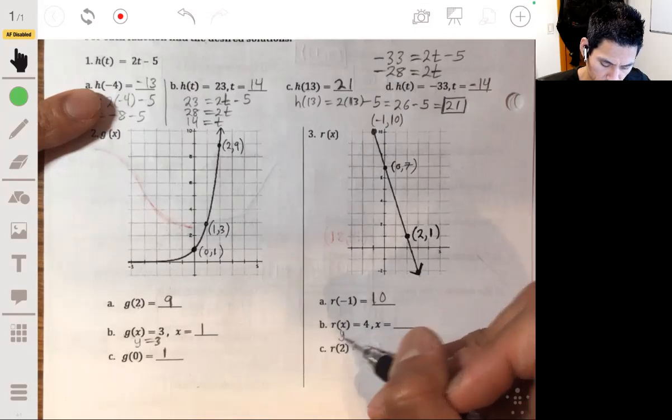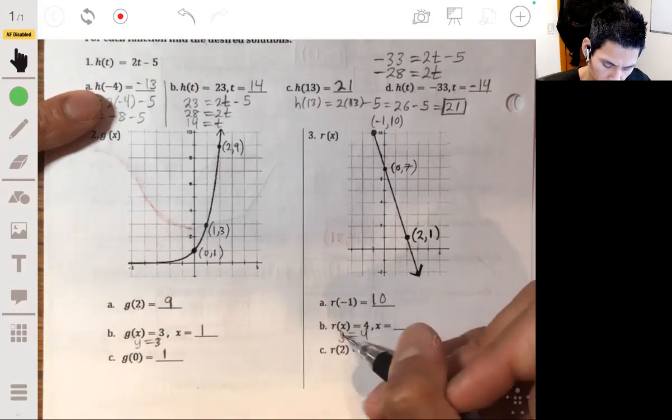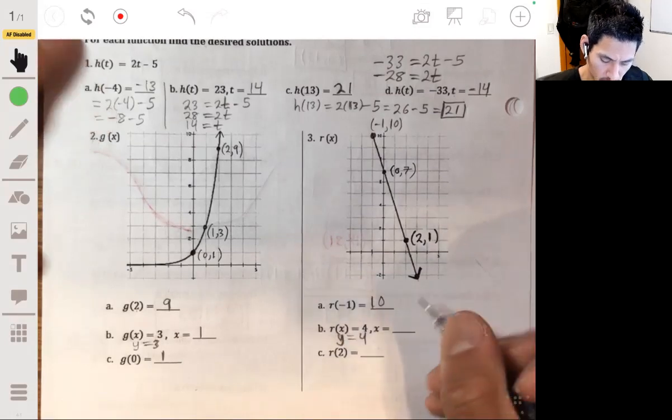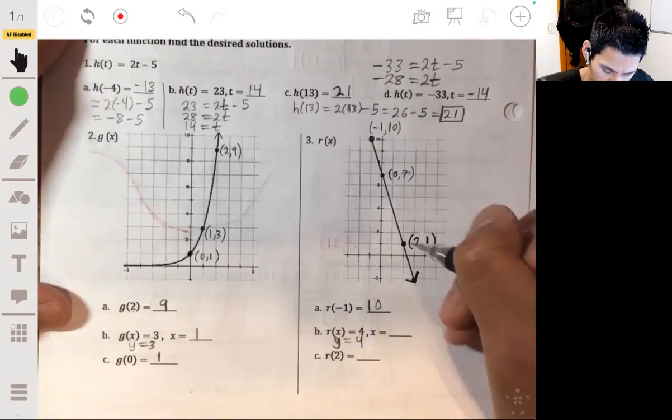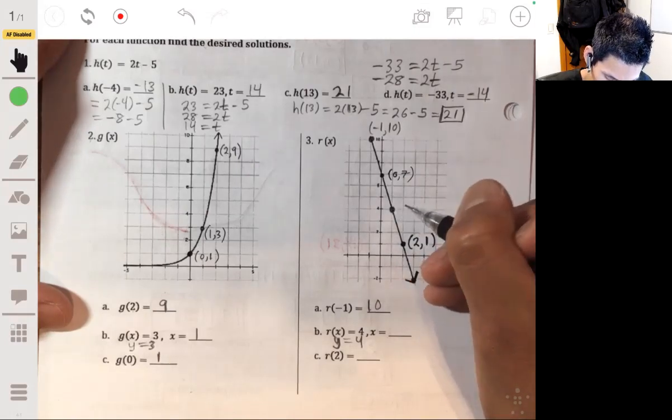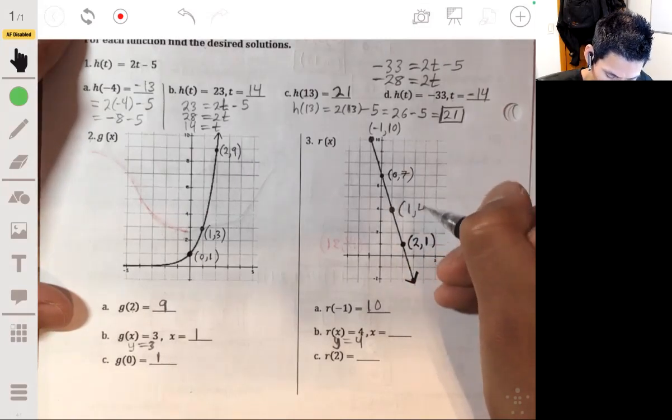And B, r of x equals 4. So when y is equal to 4, what's the x value? So when y equals 4, talking about this point here, talking about the point 1 comma 4.